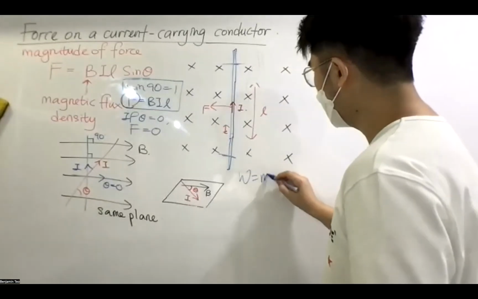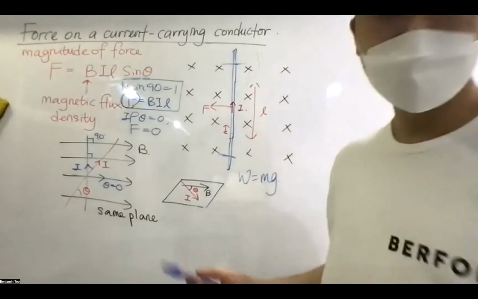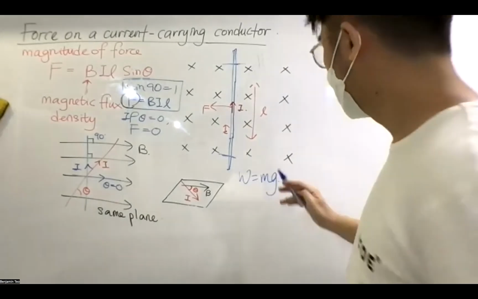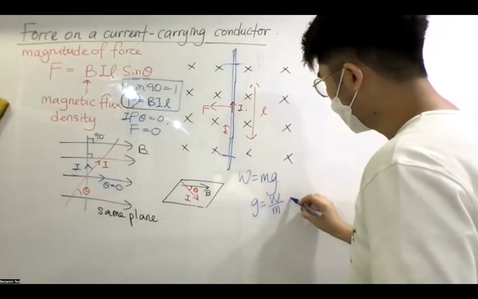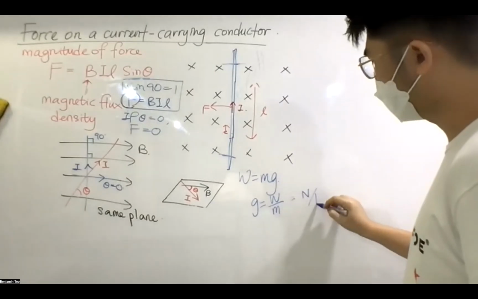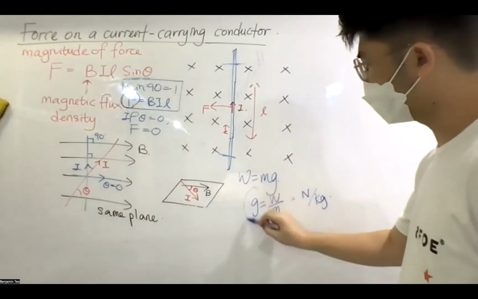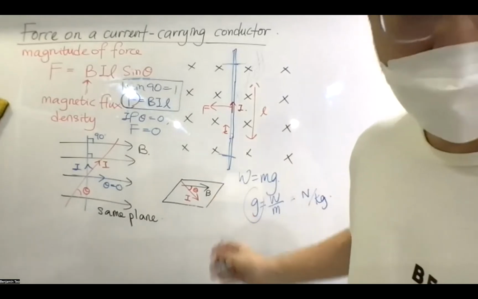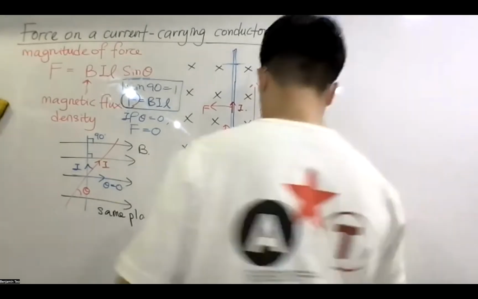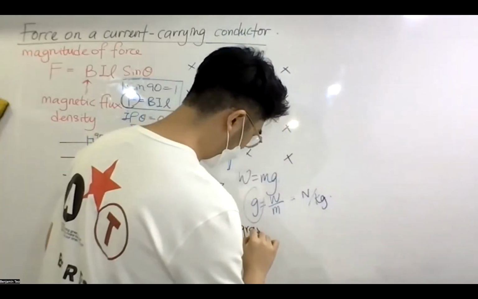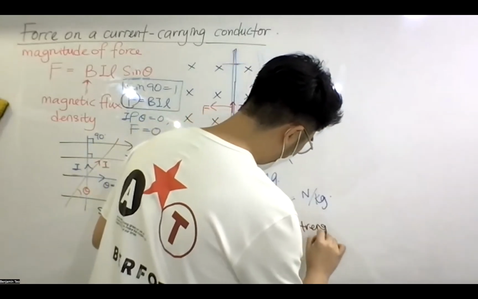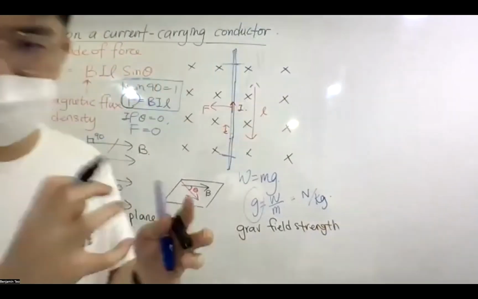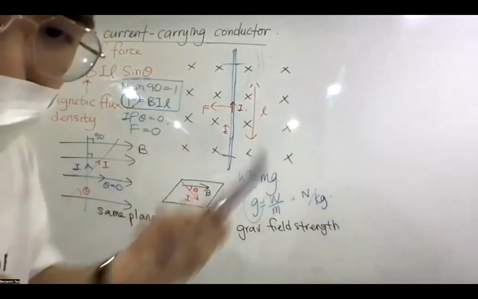W equals to mg. Okay, what is the g? This is g equals to W over m. That is the Newton per kg. This is gravitational field strength. A measure of how strong is the field. How do you measure it?